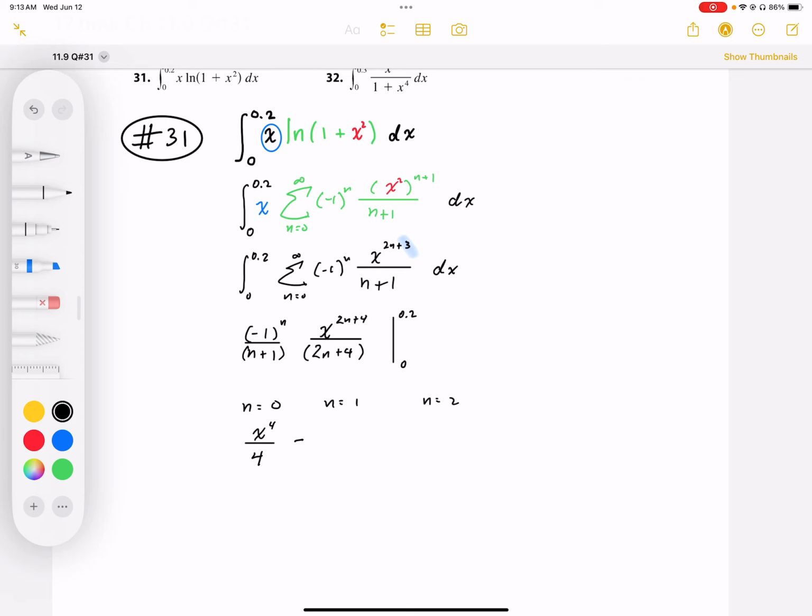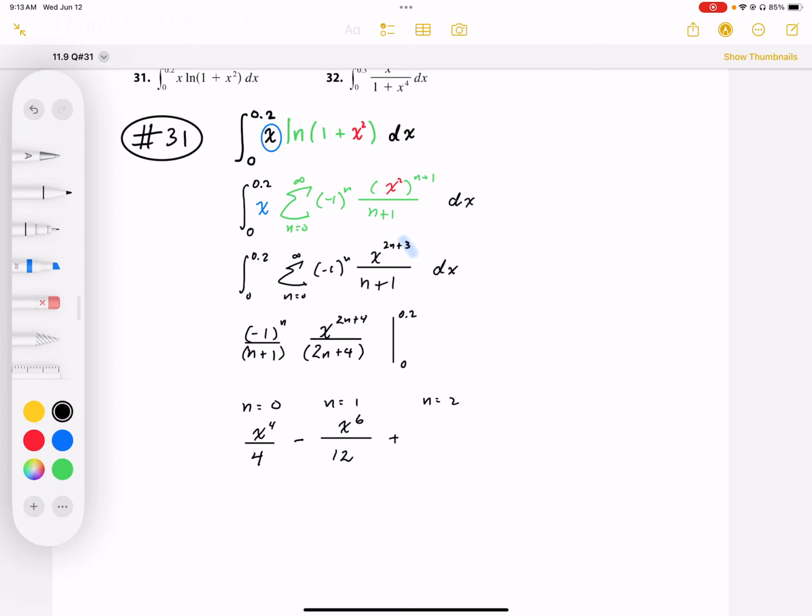The next term is going to be negative. When n equals 1, it's going to be 1 over 2, so I get 2 in the denominator. In the other denominator, I'm going to end up with 2 times 1 plus 4, which is 6. So I have 2 times 6, which is 12. The 2 is from the n plus 1, the 6 is from the 2n plus 4. And then we have x to the power 6 here.